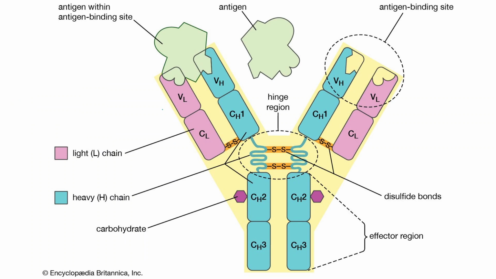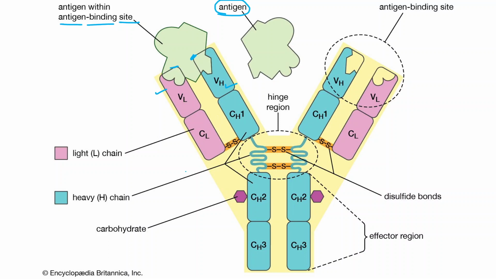If you look at this image, this is the antibody, and it has its variable light chain, variable heavy chain, the constant region, and the disulfide bonds. On this antibody you have a specific antigen binding site, which is going to recognize your antigen.